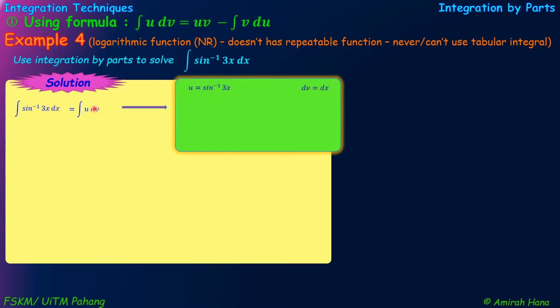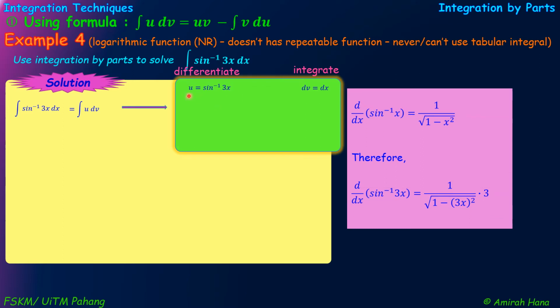Okay? So our u equals inverse sine 3x and dv equals dx. And then from u, we need to differentiate to find du, to substitute into this formula. And from dv, we need to find v, and to find v, we need to integrate. When we differentiate u equals inverse sine 3x, we can refer to this formula: the derivative of inverse sine x equals 1 over square root of 1 minus x squared.